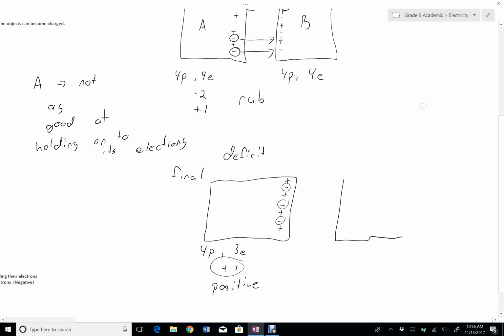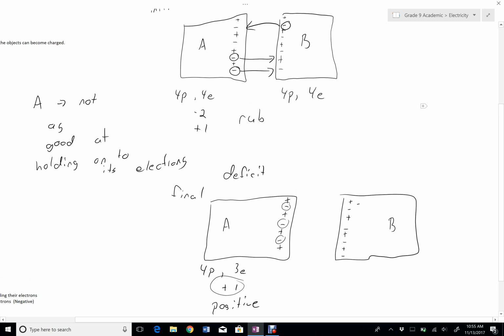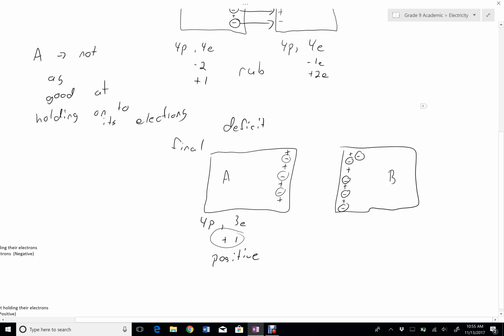Alternatively, for object B, it still lost 1 electron due to the rubbing, but it gained 2 electrons. What that means then is it lost 1 electron, gained 2 electrons, so 4 down to 3 plus 2, it's up to 5 electrons after the exchange.